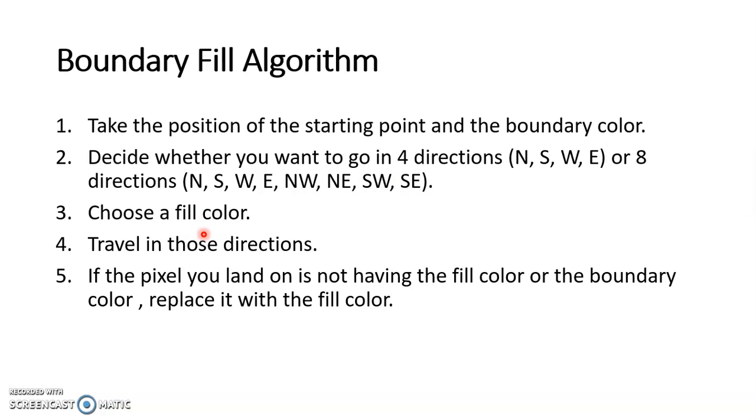Then choose a fill color. Then travel in those directions as selected by 4 connected or 8 connected method. If the pixel you land on has neither the fill color nor the boundary color, then the boundary fill algorithm will replace that pixel's color with the fill color.